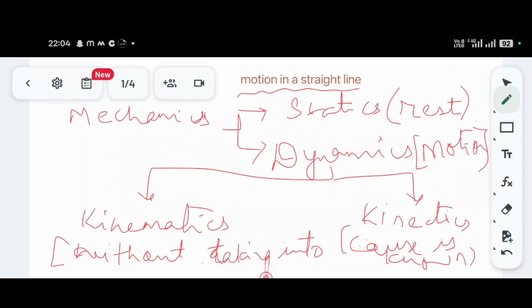Okay. So this is the basic introduction of the motion in straight line.